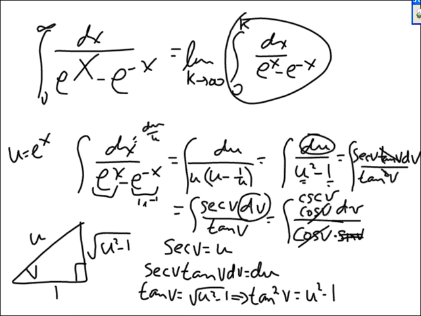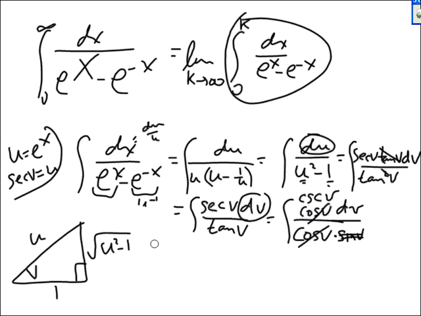Okay, so let me write this down. Secant of v is u. So we made those two substitutions, so I could erase some stuff. Let me try to keep the triangle in case I need it. Okay, so we are left with the integral of cosecant v dv.